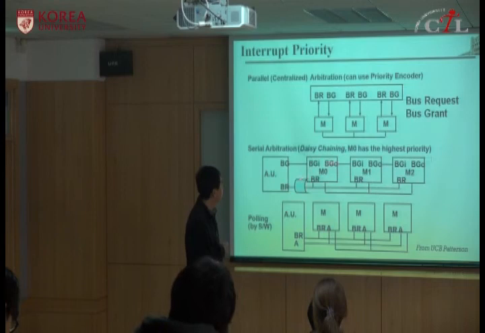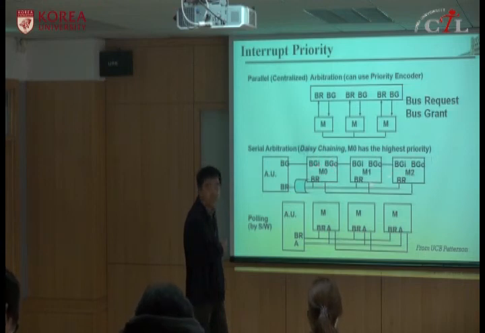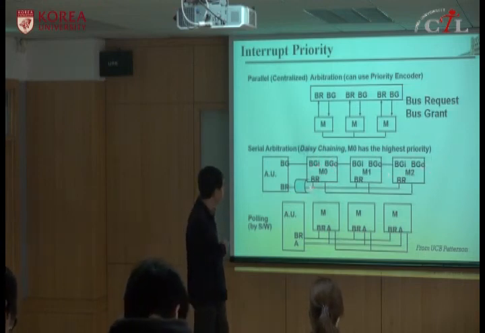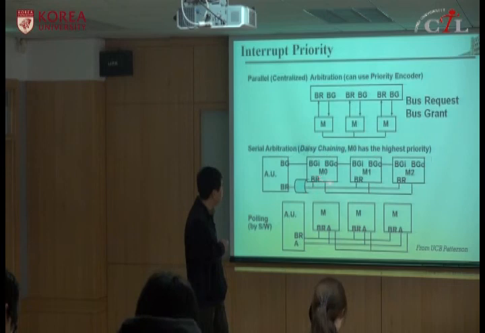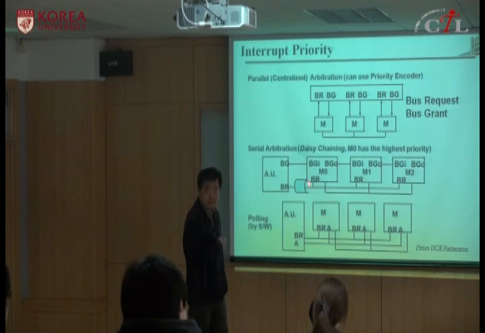And this is called daisy chaining. You can connect these I/O devices serially. Okay? And this bus request or interrupt request goes into wired OR logic. Any device requesting an interrupt, then it goes to interrupt request. Grant goes to the first higher priority device.